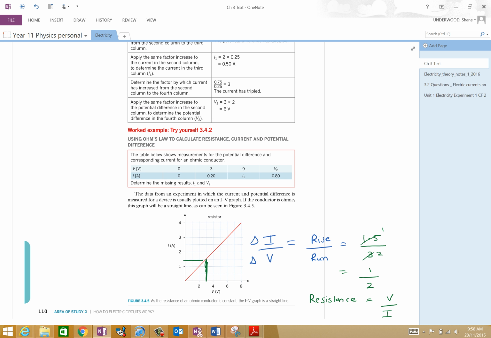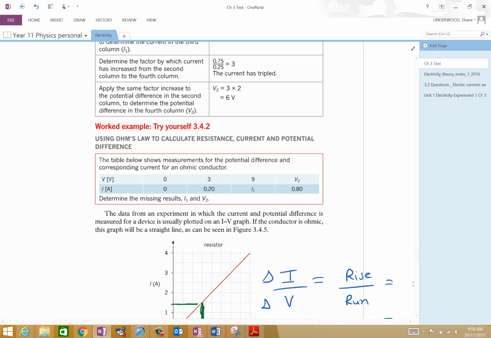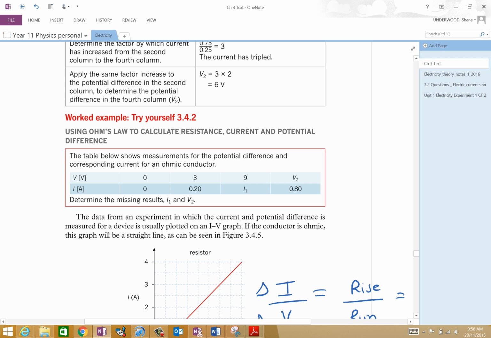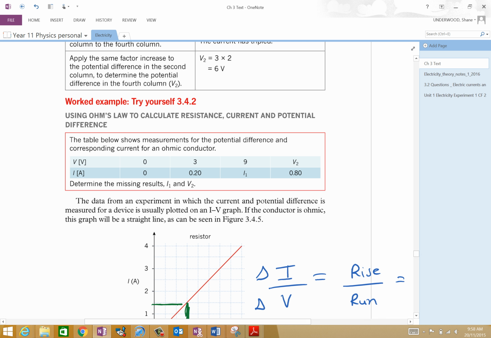Now if we have a look at this example here, what's missing? This is using Ohm's law to calculate resistance and so on. The table below shows the measurements for the potential difference of an ohmic conductor. Ohmic conductor, Ohm's law applies.